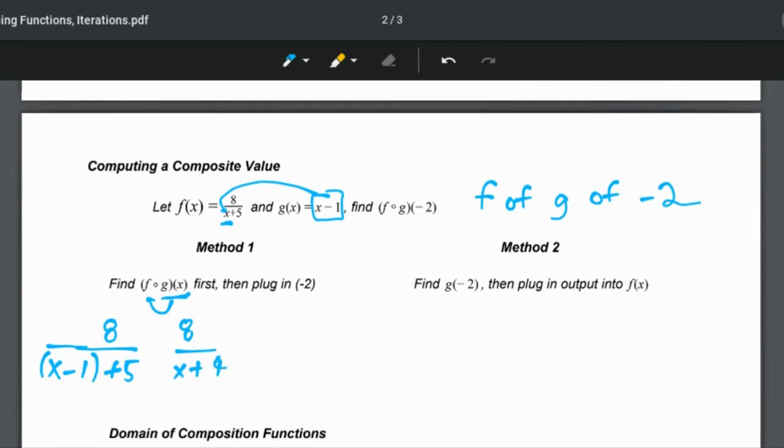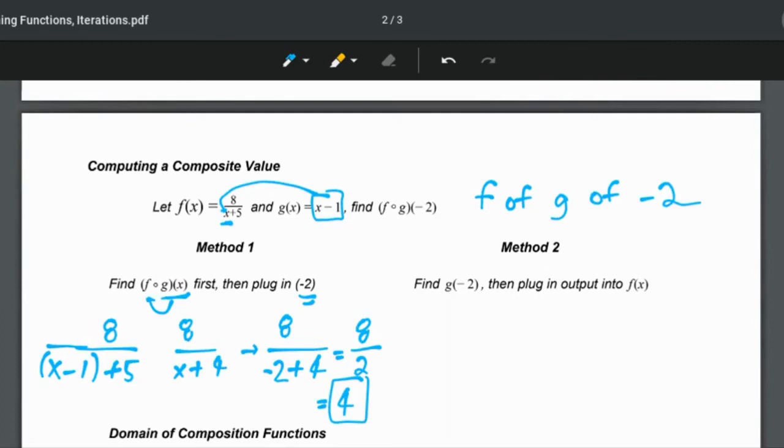But now they want me to substitute the value negative 2, because it's not just f of g of x, it's f of g of negative 2. So everywhere we see an x, we put a negative 2. So 8 over 2 gives me 4, and that's my final answer.